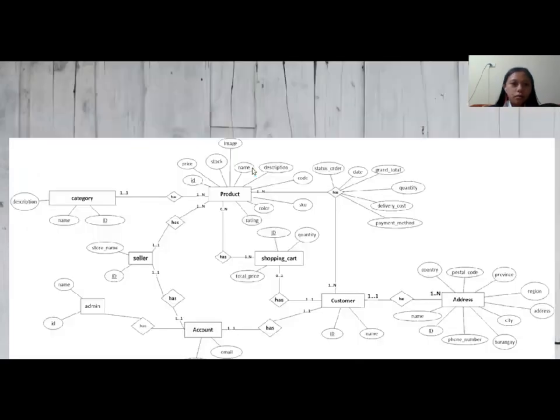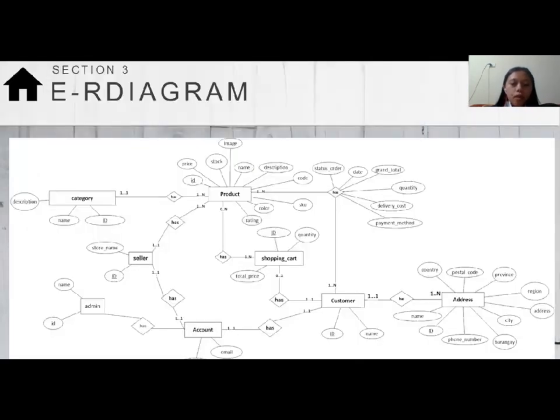And then the ER diagram. We can see that there are 6 entities, and we can see that category entity has a relation with product entity, and product entity has a relation with shopping cart and customer. The relation between product and customer can generate one new entity.